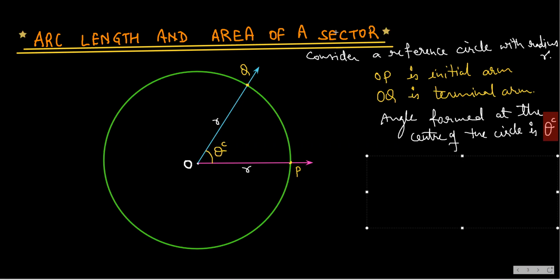So here I measure the angle in radian, theta radian. That is something important. I could have written the angle in degrees also, but the condition here is that whenever we are going for arc length or area of a sector, we will always write the angle in radian.